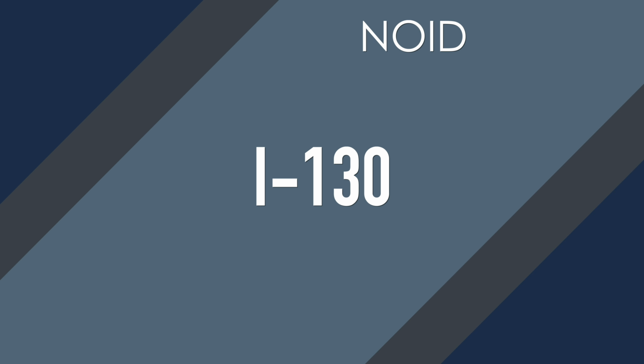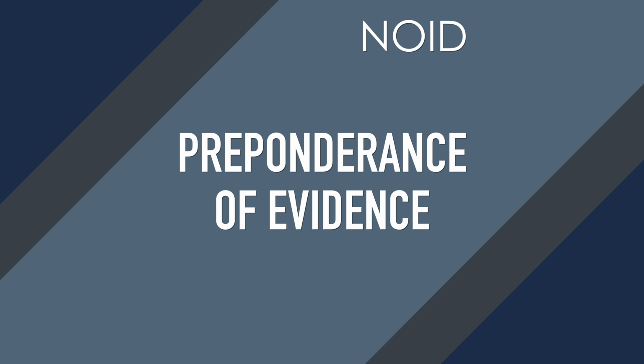All right, first is the law with respect to the I-130 petition. I have a really good marriage fraud video. I'm putting the link to that video here in the description box below. Go to that video, check out the law on the I-130 marriage fraud. Really important. For purposes of today's video, the law for an I-130 basically is preponderance of the evidence.